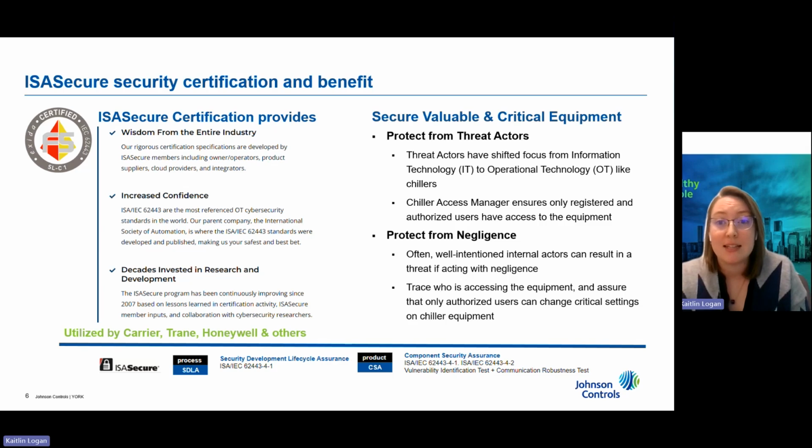We recognize in today's world that threat actors, those with malicious intentions, have shifted from information technology, or IT, to operational technology, OT, such as chillers. Chiller Access Manager protects chillers by only allowing registered users and those authorized by the equipment owner to gain access to the equipment.